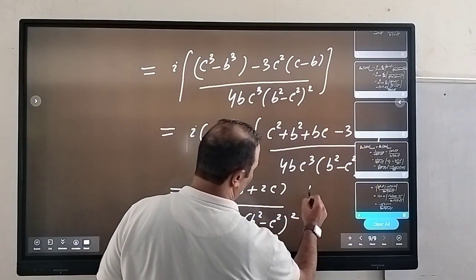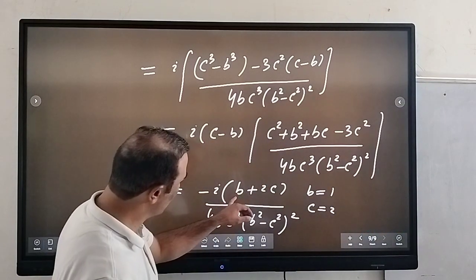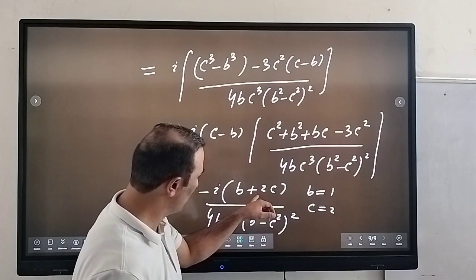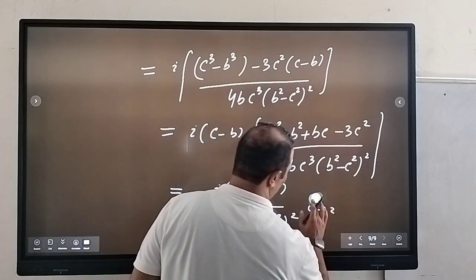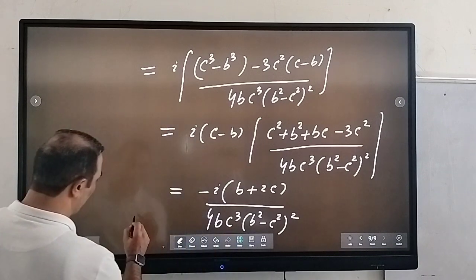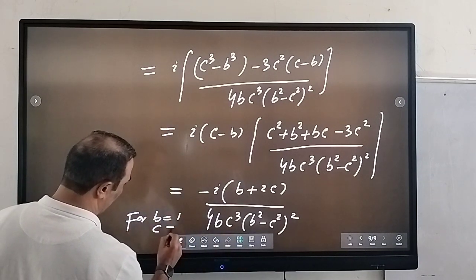When you put b equal to 1 and c equal to 2, it is 1 plus 4 because c is 2, right? Let me write it here, because I cannot continue otherwise. So for b equal to 1 and c equal to 2.